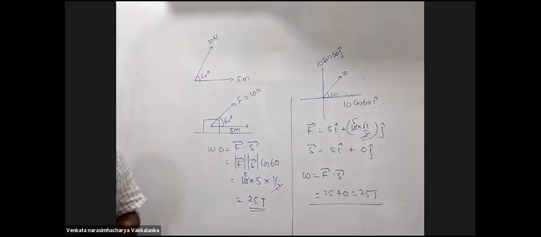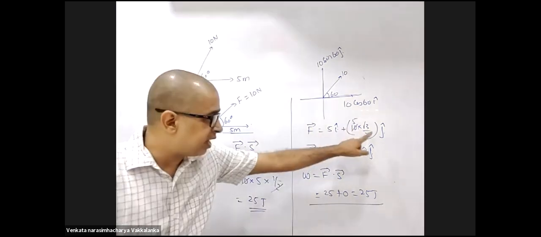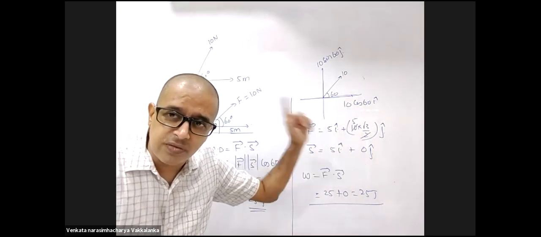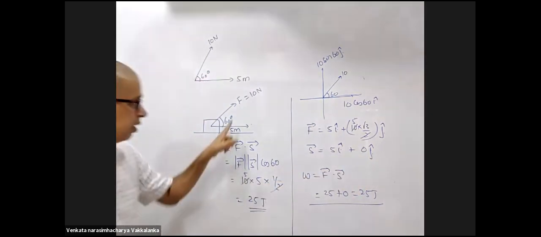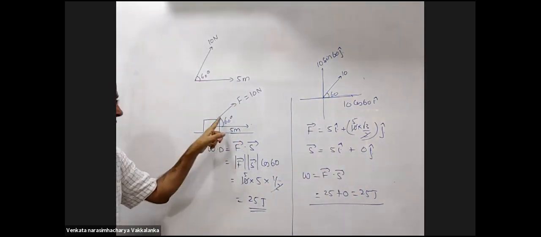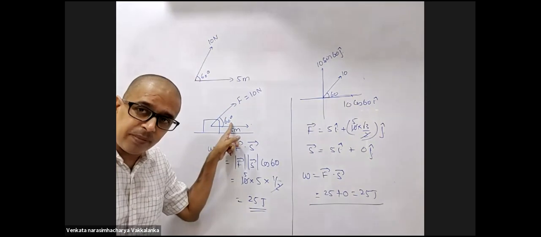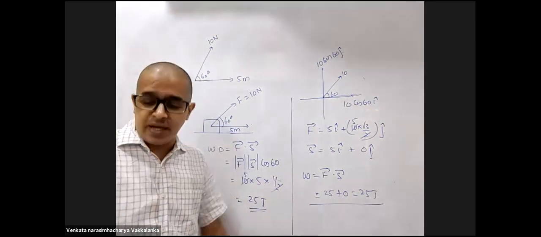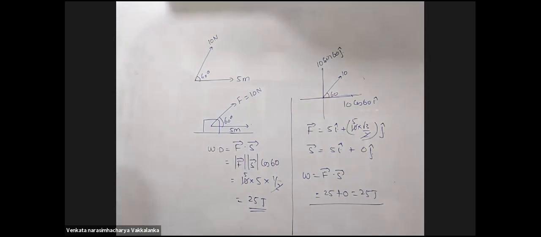If I cap, J cap, K cap are given, multiply the coefficients of I, coefficients of J, and coefficients of K. If you are given two vectors this way with the angle between them, take the magnitude of both the vectors into the cosine of the angle between them. Take it down, please.